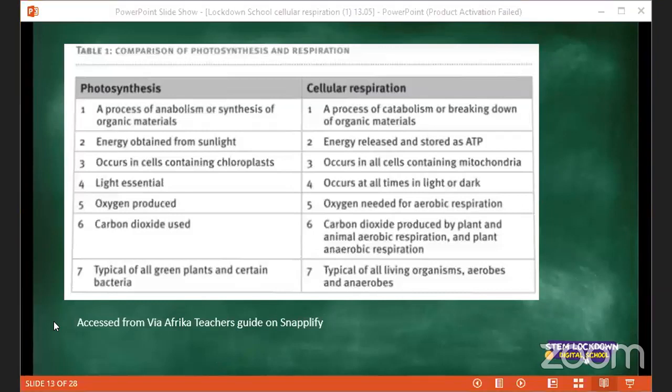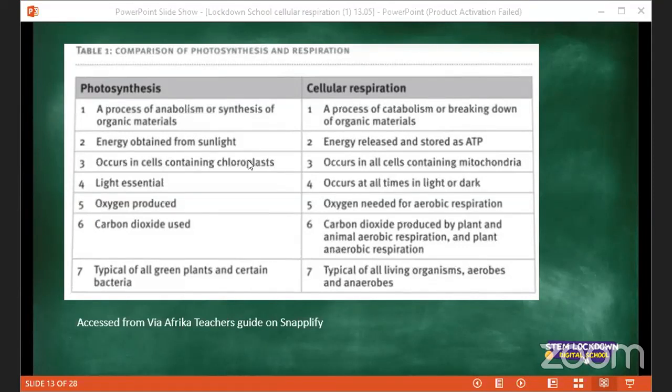Right, so now let us look at the comparison of photosynthesis and respiration. I got this table here from the Via Africa Teacher's Guide on Snaplify. And I thought it would be important for you to note it, because when we were dealing with photosynthesis, we also touched on cellular respiration and how cellular respiration might be similar to photosynthesis.